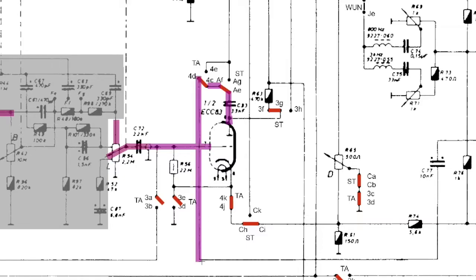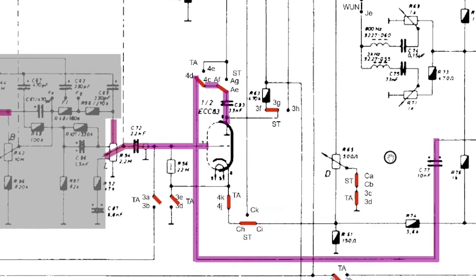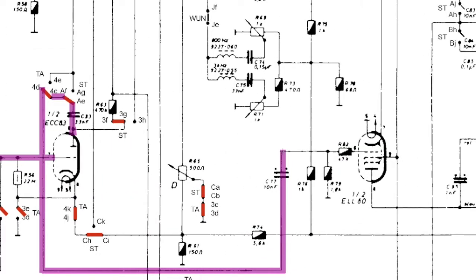Down here means it comes across this way, goes up through that capacitor, and it's the signal that feeds the grid of this pentode, which is one of the output tubes, the output pentode. So this preamplification drives this output power tube, okay?